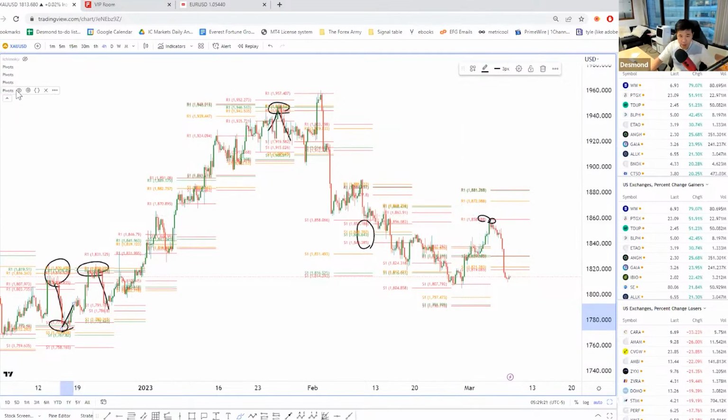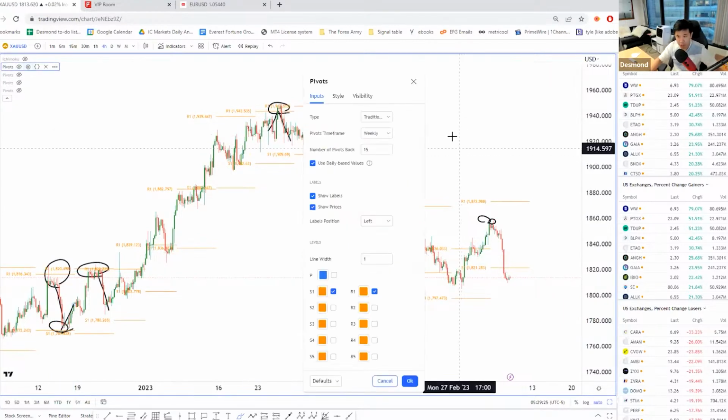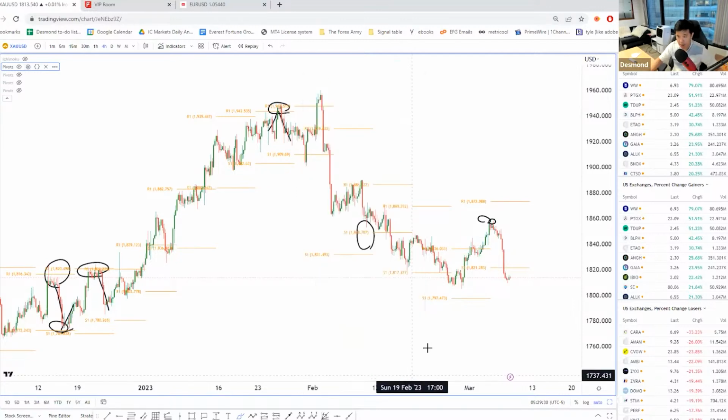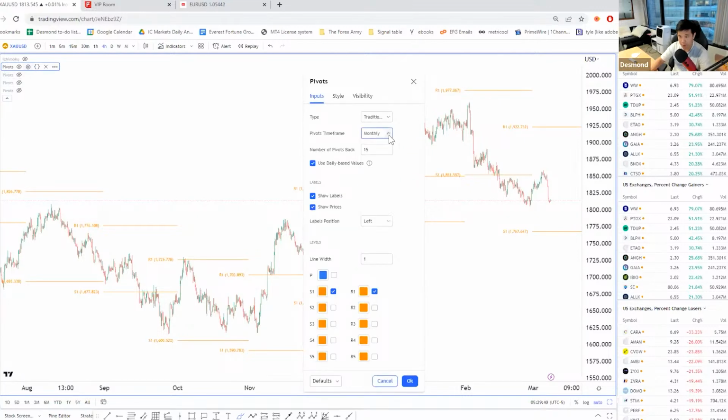Now, I do want to show you one more thing when it comes to pivot points. Let's just talk about the traditional pivot point first. This is how you can actually use it in trading. Let me see if I can give you a better example.